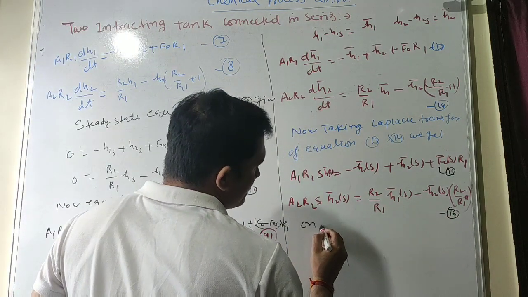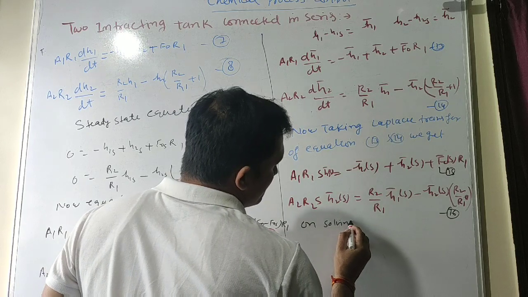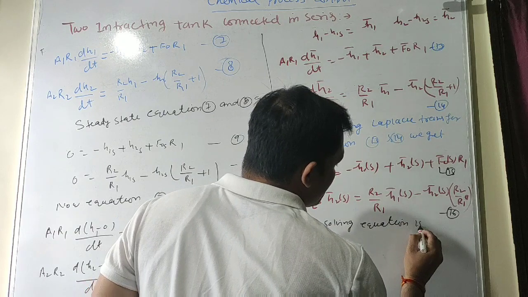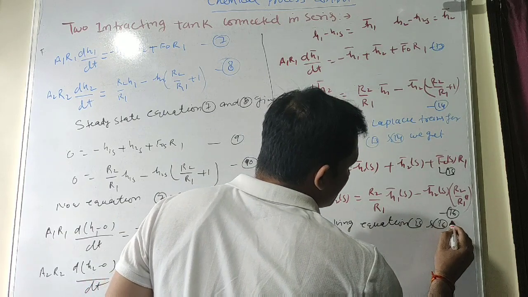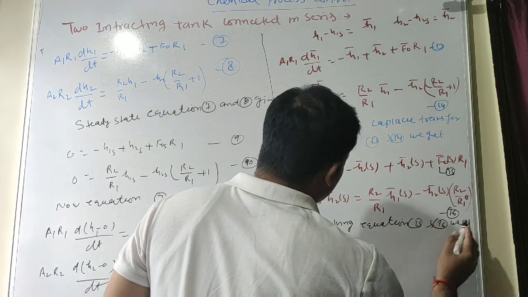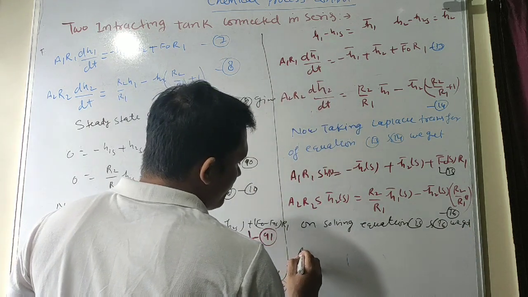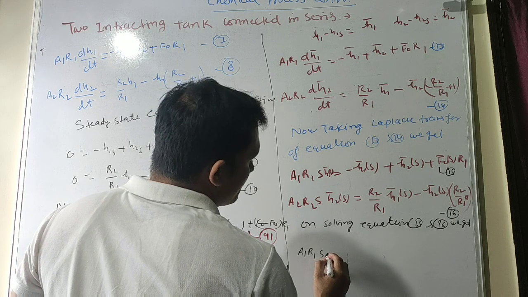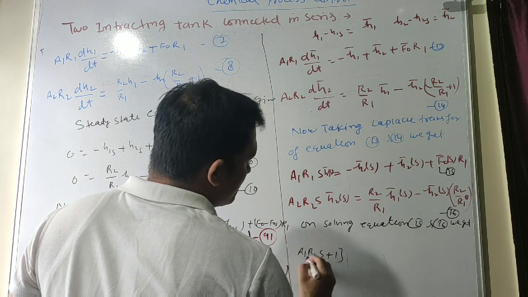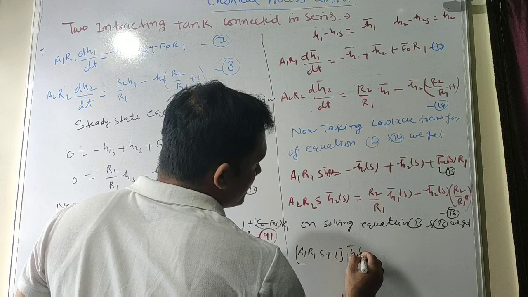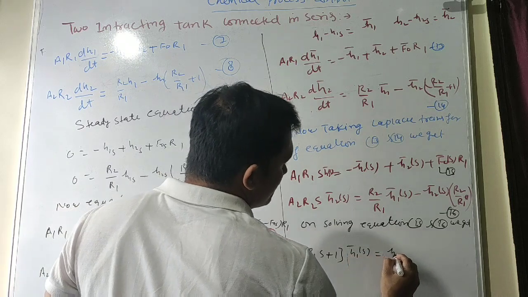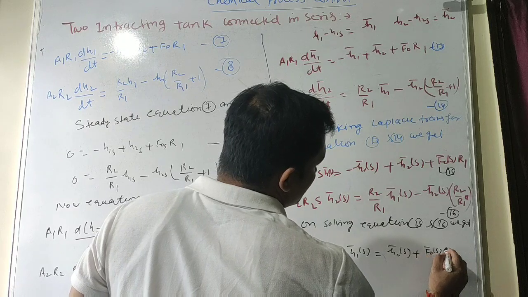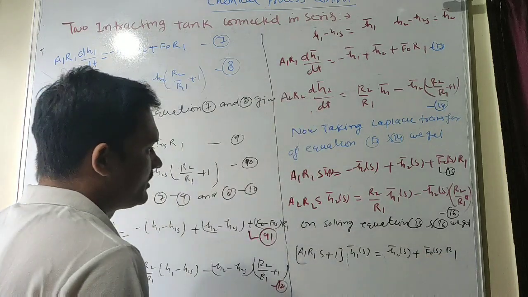On solving equations 15 and 16, we get a1 r1 s plus 1 h1 bar s equal to h2 bar s plus f0 bar s into r1.